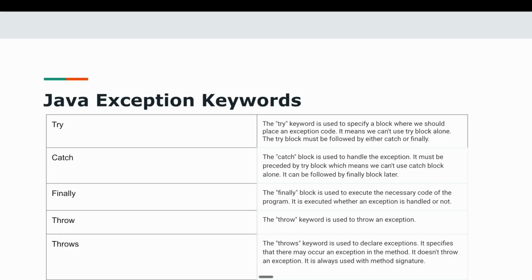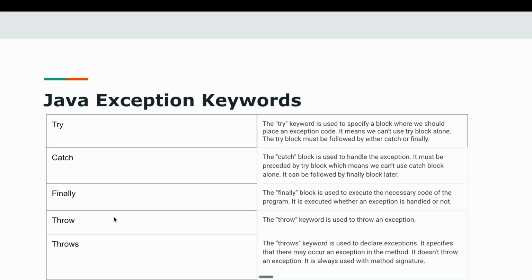So the finally block will always be executed, regardless of whether there is an exception or not. Yes, there are a few cases in which it will not execute, but those are like one or two cases, but in most of the cases it will execute.